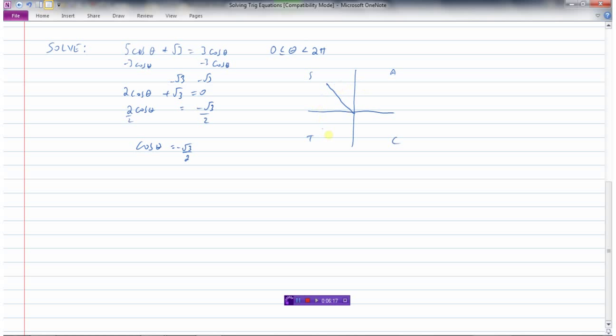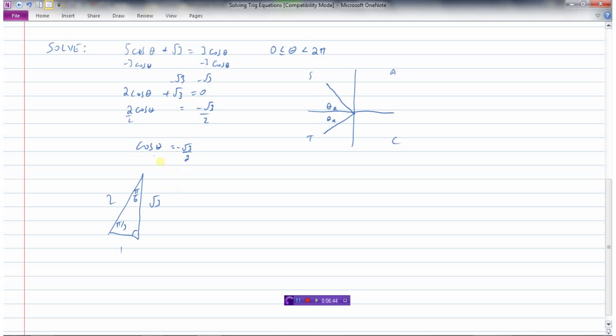And tan is positive here, so cosine must be negative here, and cosine's positive there. We have a negative ratio, so we won't have an answer there. Now we just got to figure out what these little reference angles are, and we will need our triangle. Once again, it's the 1, 2, root 3 triangle, where that angle is pi over 3, pi over 6. So you need to have these triangles memorized.